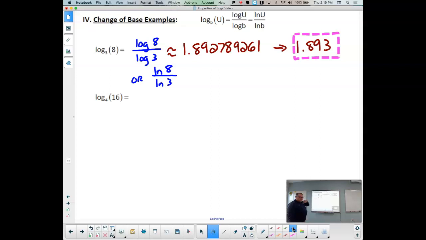Log base 4 of 16. If you didn't realize that the exponent you needed to get onto 4 to get 16 was 2, you could again do the exact same thing.